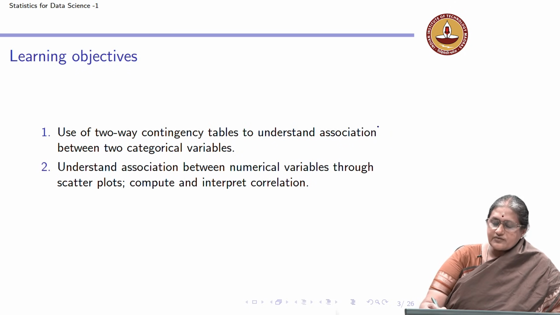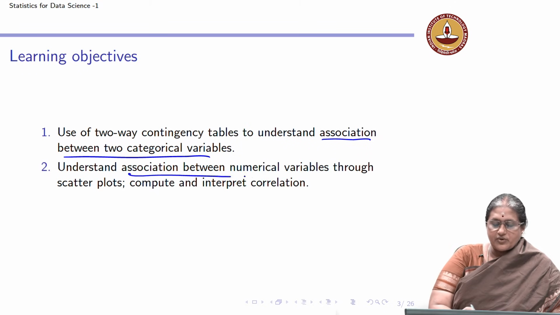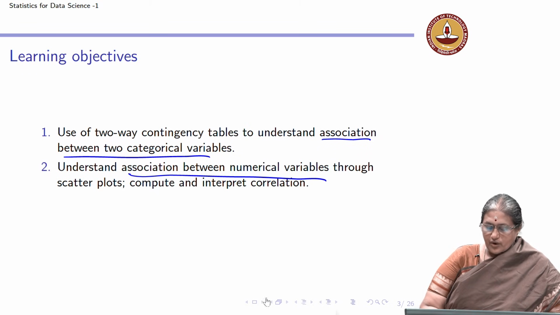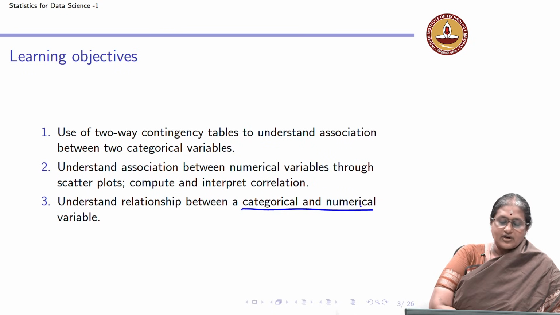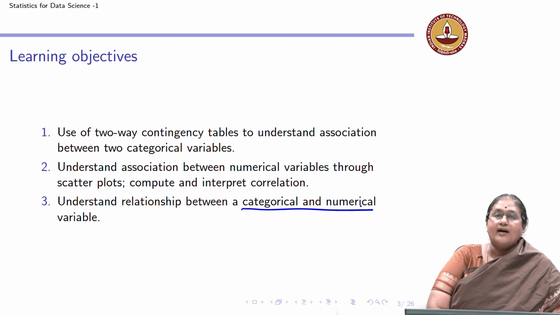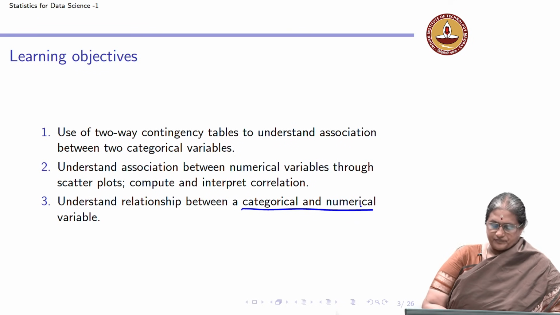Though the focus of this module is mainly association between two categorical and between two numerical variables, we also spend some time understanding how you talk about a relationship or an association between a categorical and a numerical variable. So, these are the learning objectives of this week.